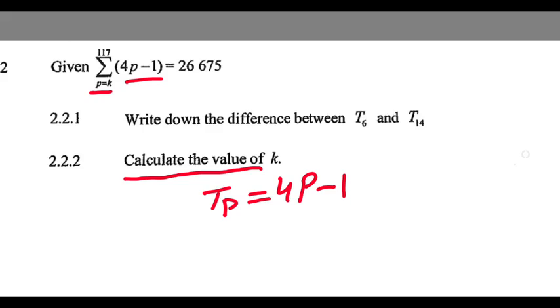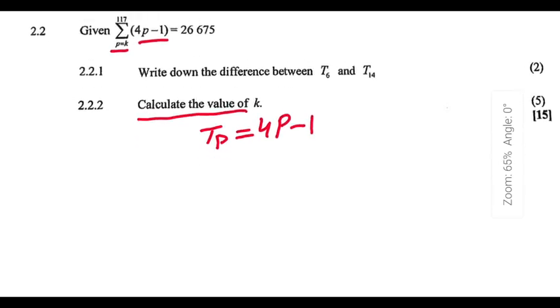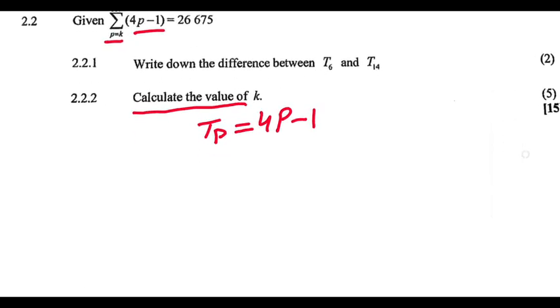To demonstrate this, we can find the difference between consecutive terms. So for two consecutive terms, we say T(p plus 1) minus T(p).